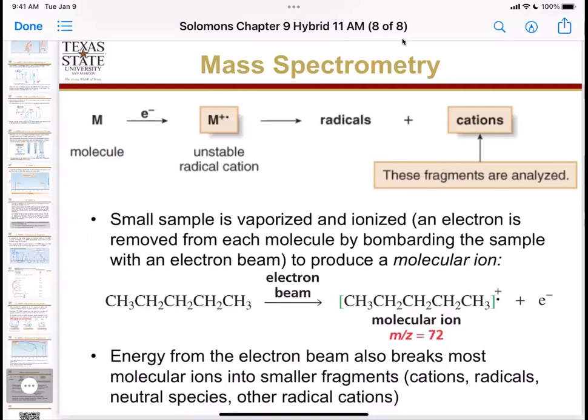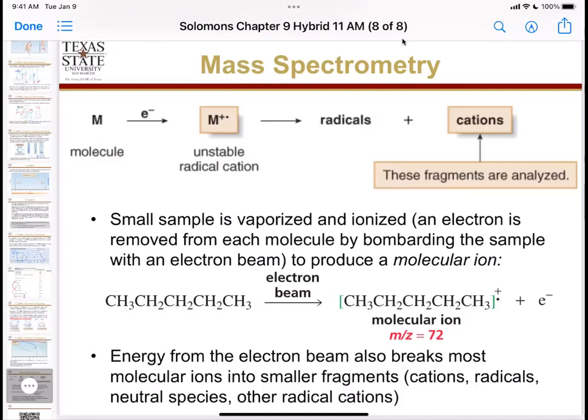Okay, so in the case of mass spectrometry, it actually tells us some cool stuff. And I'll tell you the 4 things to look for in mass spectrometry. Let me tell you how it works. In mass spectrometry, we take a molecule and volatilize it, and then we hit it with ionizing radiation, which gives it a positive radical charge.